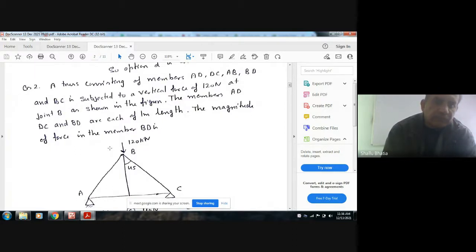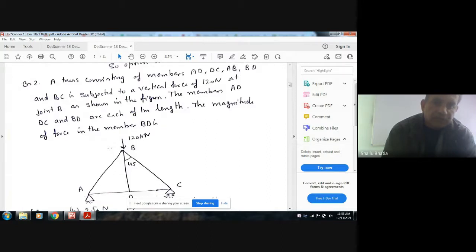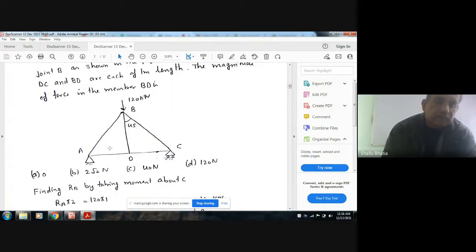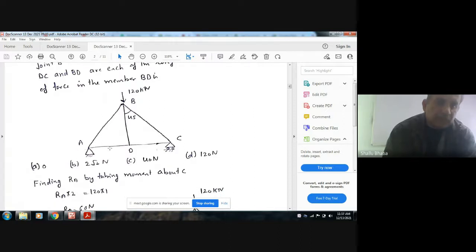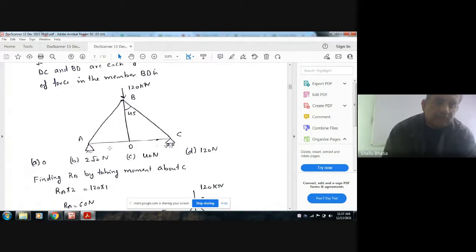The members AD, DC, and BD are each of 1 meter length. The magnitude of force in the member BD is, so this is a truss A, B, C, D. Okay, and the options for the force in member BD are A 0, B 2 root 2, C 40, D 120.